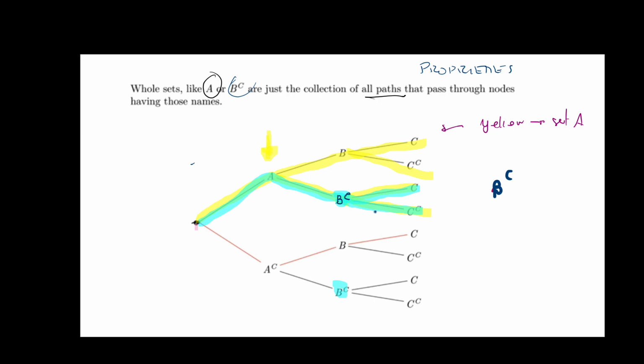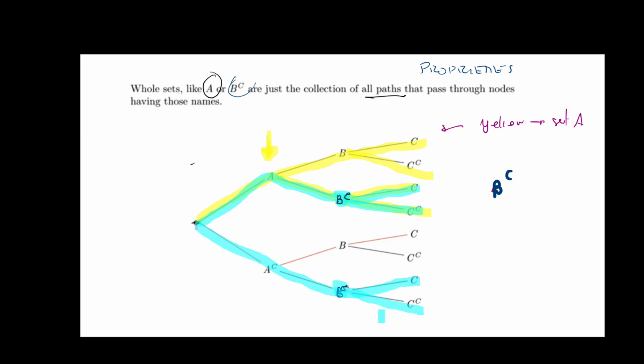Is it enough to represent B complement? No, right? Because I have another B complement that's sitting here and nobody passed through it. So this one also needs to be accounted for.